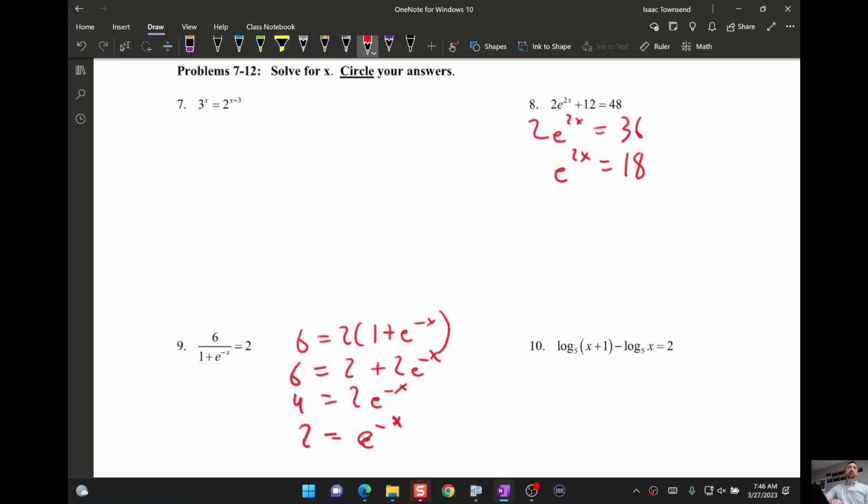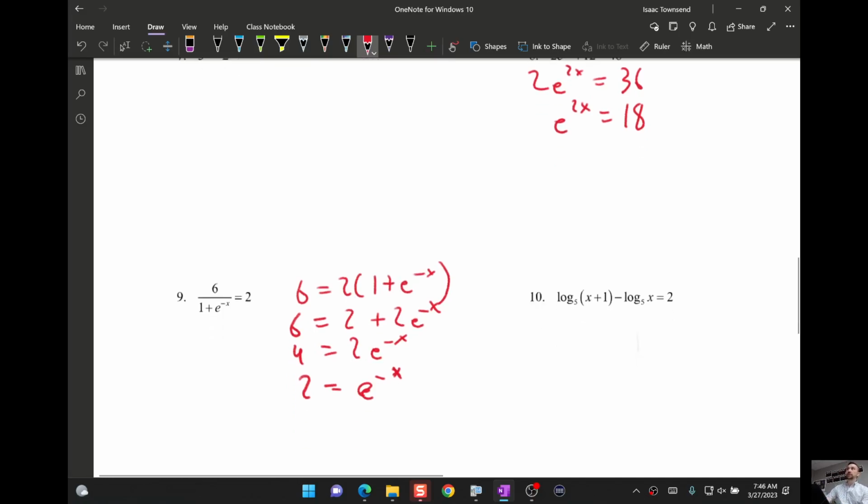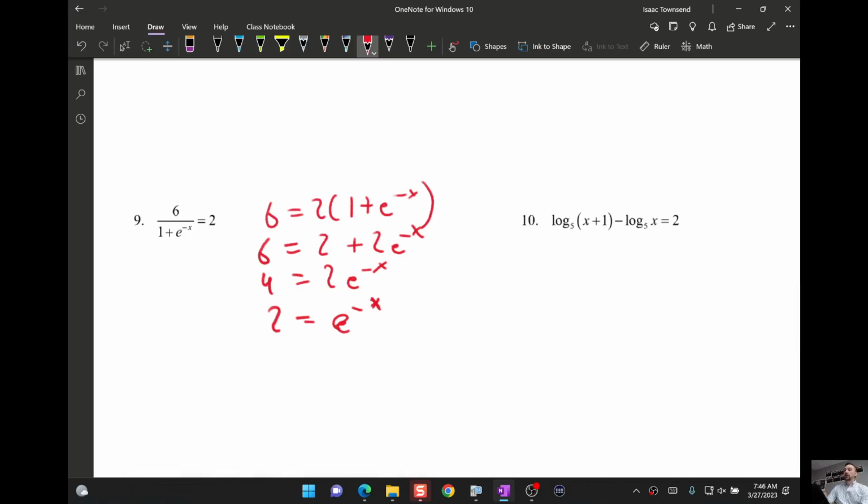Again, we'll come back and finish it. But the reason why I knew to multiply both sides by 1 plus e to the negative x is because this is better to me because it doesn't have fractions. Obviously, having fractions in an equation is kind of a problem. So, in question 10, I've got 2 logs of the same type separated with subtraction.